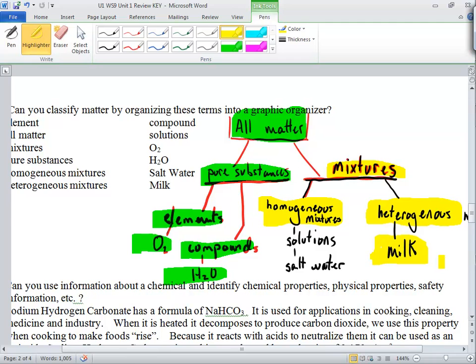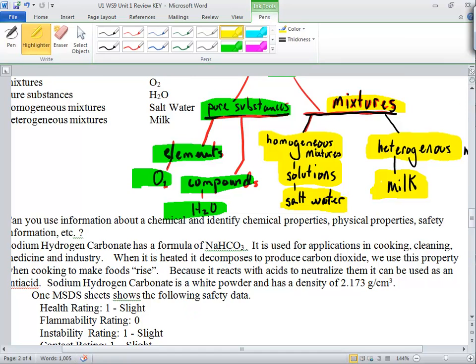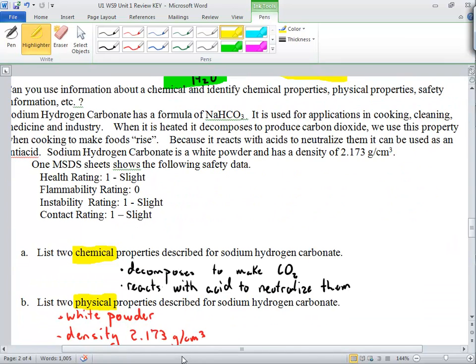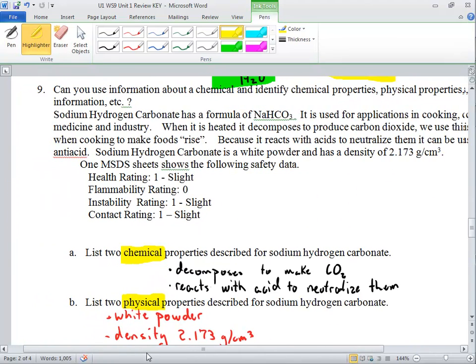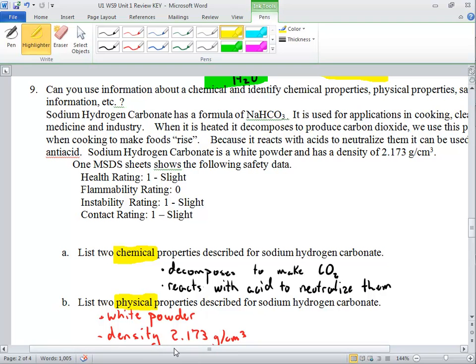If you look at milk with a microscope, you're going to see little globs of fat and all kinds of cool stuff. Not homogeneous. Homogeneous mixtures are things like, well, we refer to them as solutions, and a common one would be salt water.